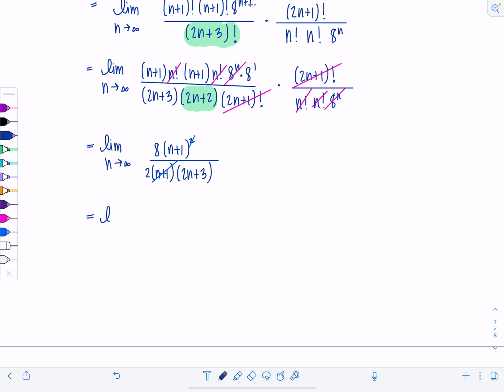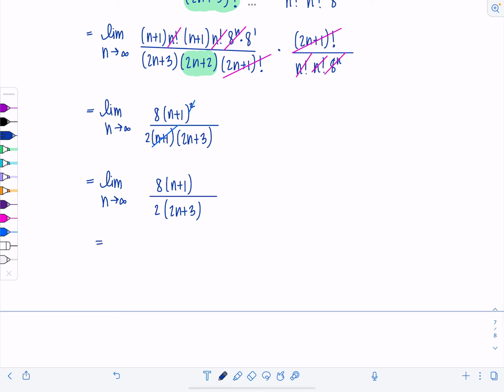And then this is the limit as n approaches infinity of 8 times (n+1) over 2 times (2n+3). Okay, so this is limit, n goes to infinity, (8n+8) over (4n+6).